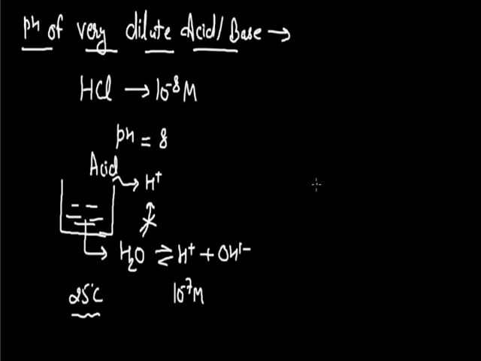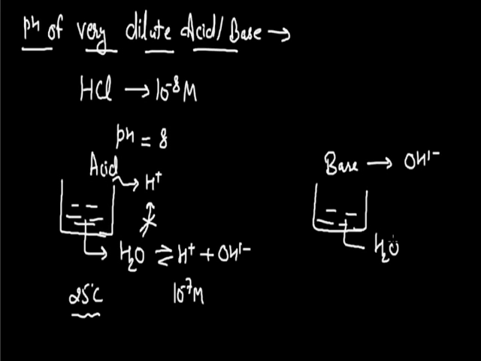Same here, when we add base in water, for the calculation of pH, besides the hydroxide ions which are provided by the base, the water molecules also go for ionization, and they also provide hydroxide ions.